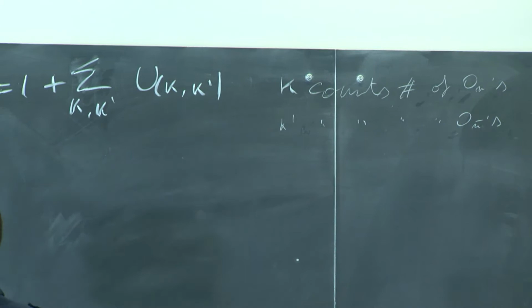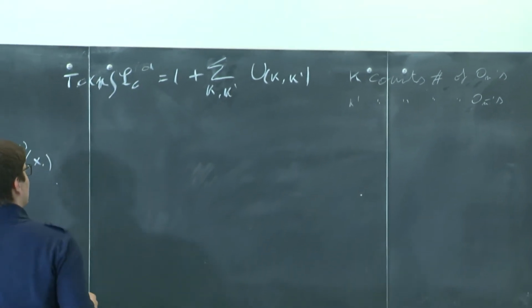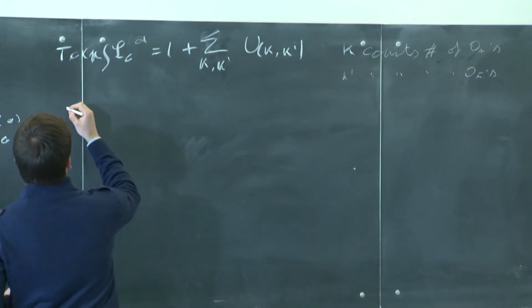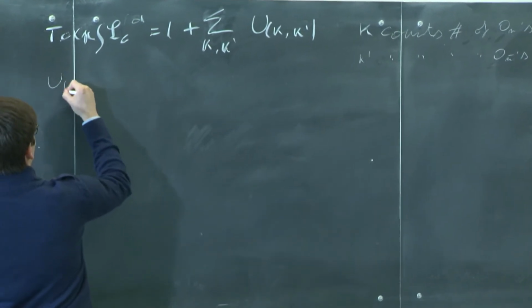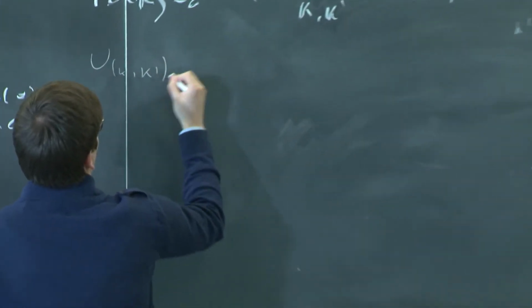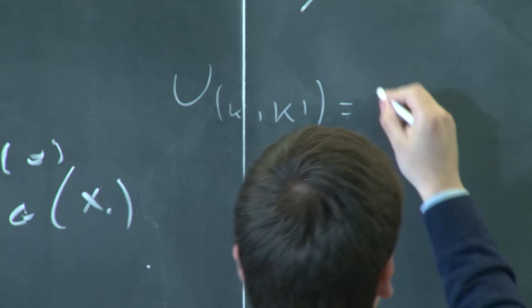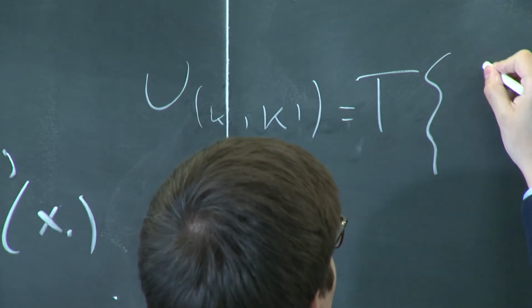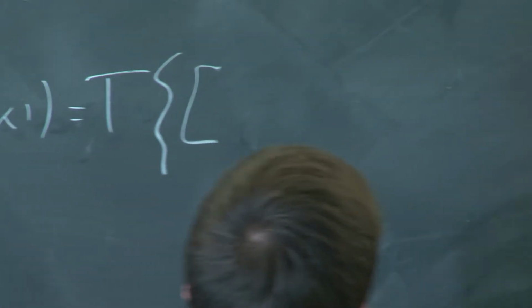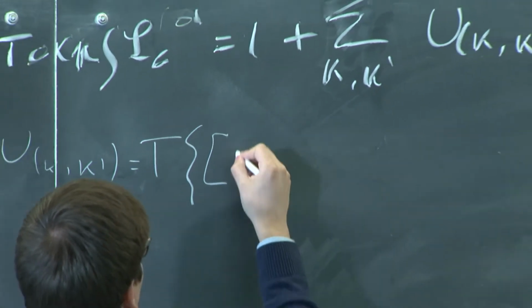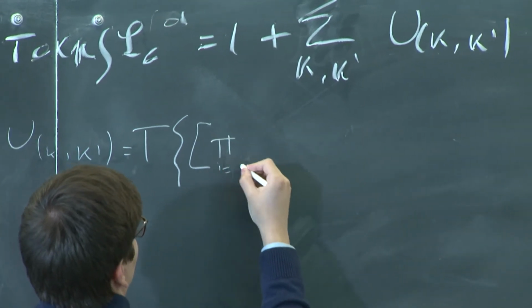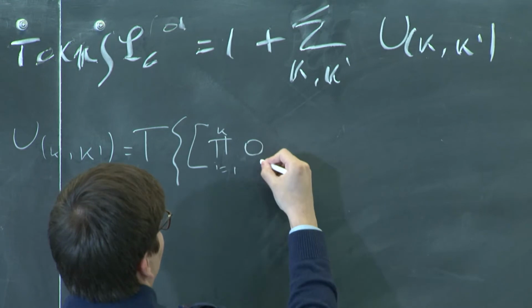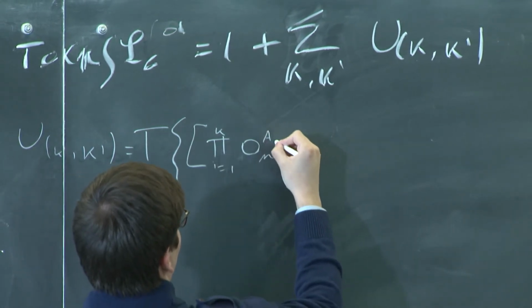So more explicitly, what would U_kk' look like? It's going to be something like a T product of, so this is counting the number of O_n operators, so a product for i from 1 to k of O_n of some A_i.